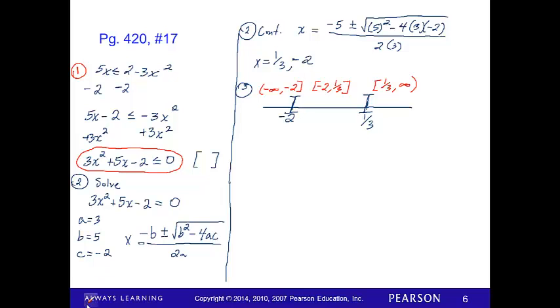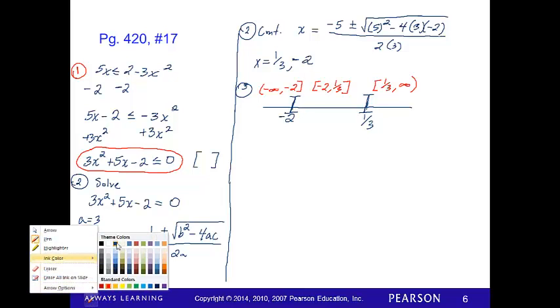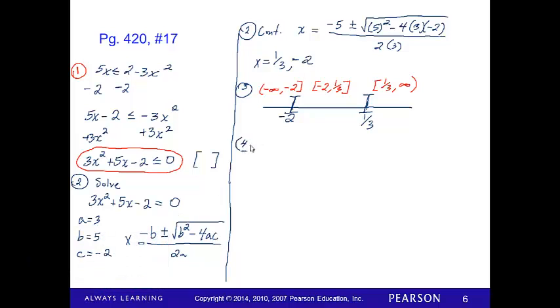Okay, now step 4, the most important step, is testing a number in each interval. So let's pick a number in this interval, and what we're going to do is plug it into f. So I'm going to pick the number negative 5. Negative 5 is in this interval. In the middle interval, I'm obviously going to pick 0. And out here, I'm going to pick 1. So your test values, now you're going to plug into your function.